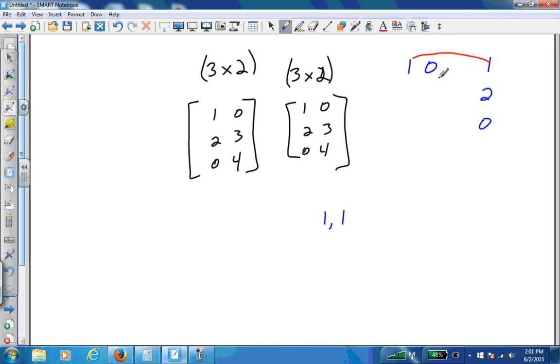We could do that times that, and those times each other, but there's not another element to multiply the 0 by. So those two matrices cannot be multiplied together. So that's one thing we have to be careful of. Which brings up a point.